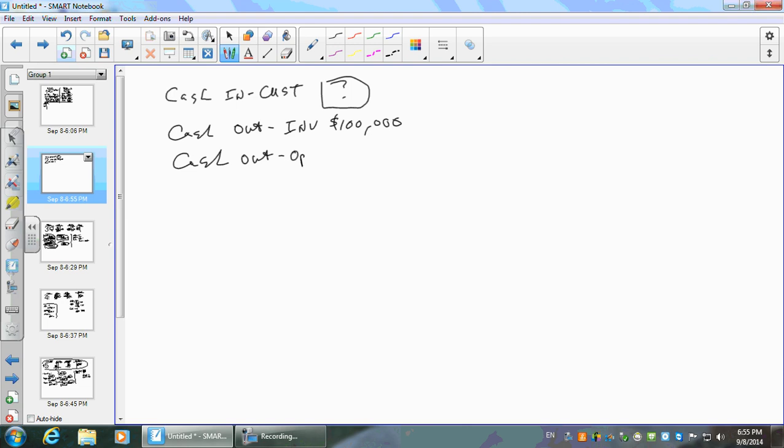For operating expenses, I hereby decree that's 60,000. Okay. On the balance sheet, beginning and ending balances. Accounts receivable, I don't know, 80,000. Ending 85,000.